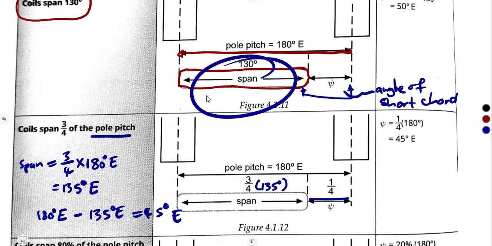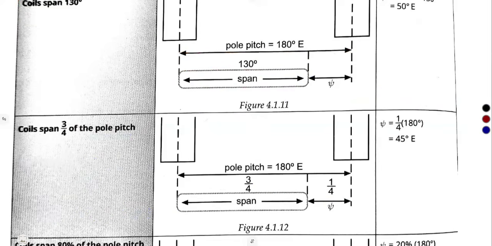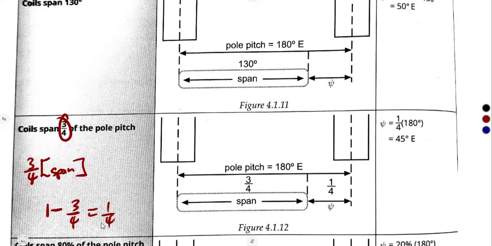From the understanding that you covered a certain fraction, if it is 3/4, it means you have covered the 3/4, which is the span. What is remaining will be 1 minus 3/4, which is 1/4.